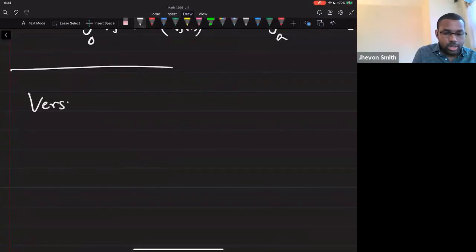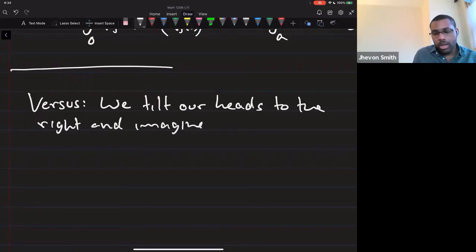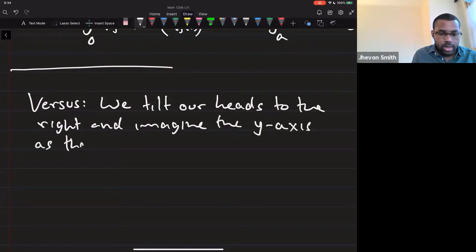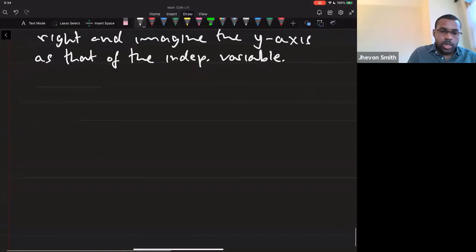Now, versus, we tilt our head to the side. And imagine the y-axis as that of the independent variable. Okay. So let's say we look at exactly the same picture, right?